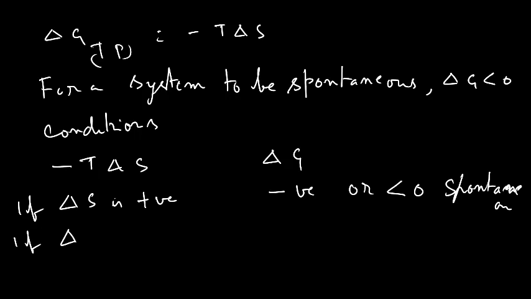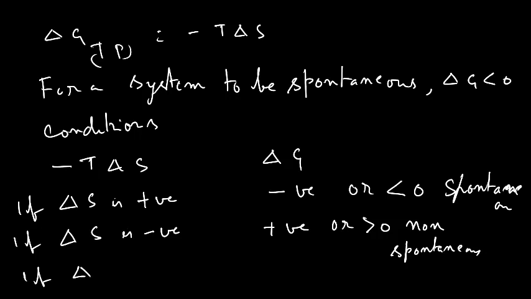If delta S is negative, then minus T delta S, minus into minus becomes plus. Therefore, delta G is positive or greater than 0. Therefore, the system is non-spontaneous.